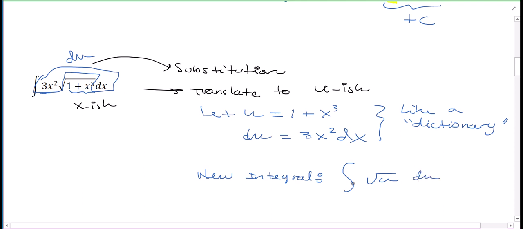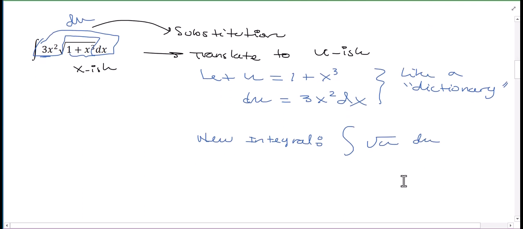Now notice that this is something that we know how to do. We don't know how to do the original, so this is the new language we don't know what to do with. We look up a dictionary and translate the words, we translate our question, and now, look at that, I can answer that question. This is the antiderivative of u to the 1/2 du, which I can just do using the general power rule.